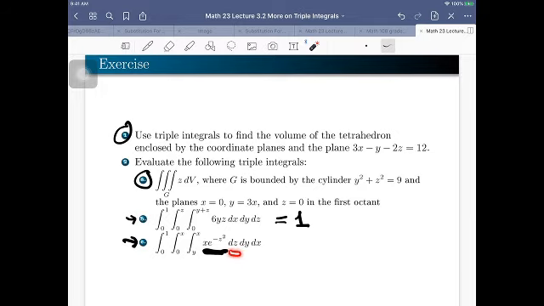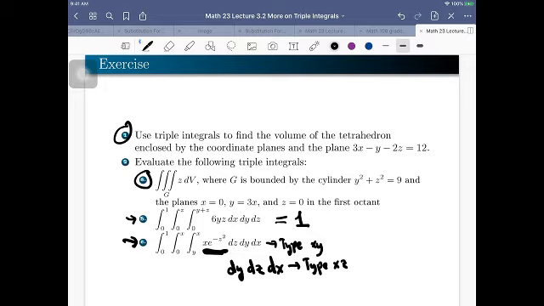So instead of dz dy dx, what you can do is to write this in dy dz dx. So here this is type xy, and you want to write it in type xz.